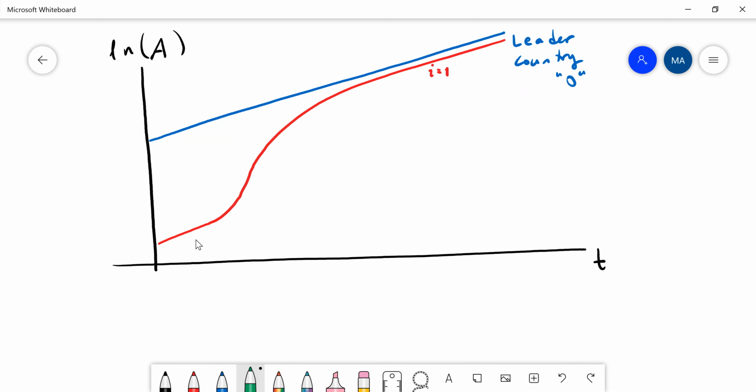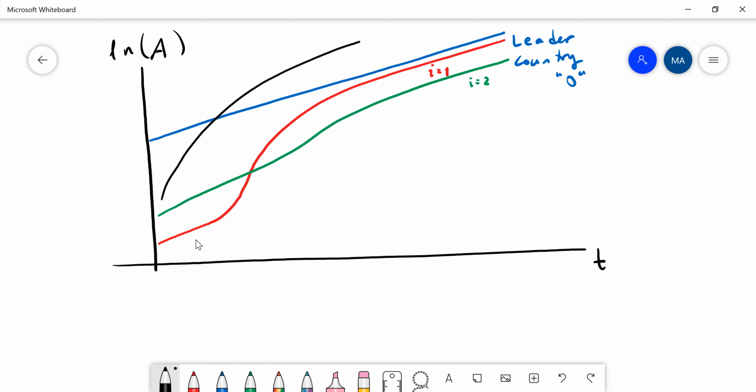Another country would behave like this. So there could still be some difference. Another country could exhibit this pattern. Okay. So there could be many different.